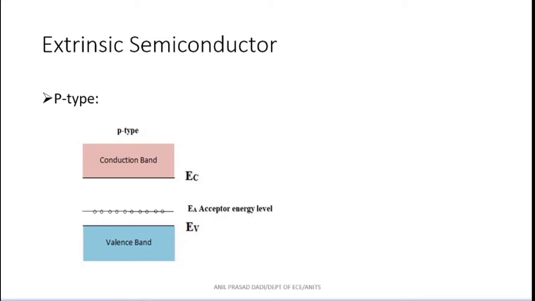Then, I'll redraw this diagram for a better understanding instead of these boxes. I'll represent it simply like this. It will be very convenient. I have considered only the bottom edge of the conduction band and the top edge of the valence band, and in between there will be a forbidden energy gap, and in this case there is an acceptor energy level, so that all are occupied with the holes.